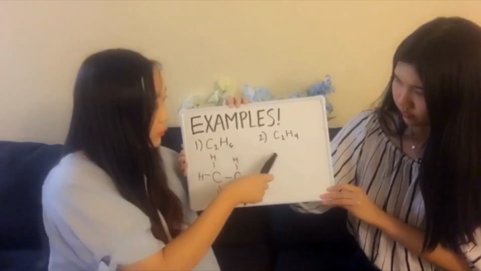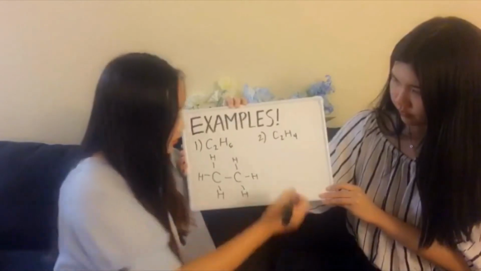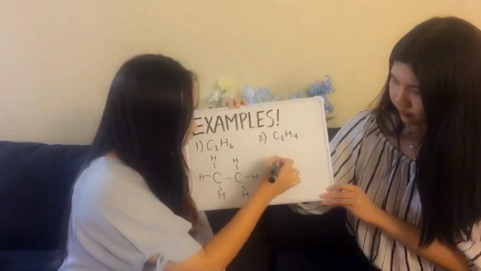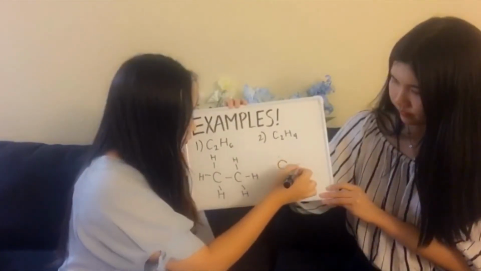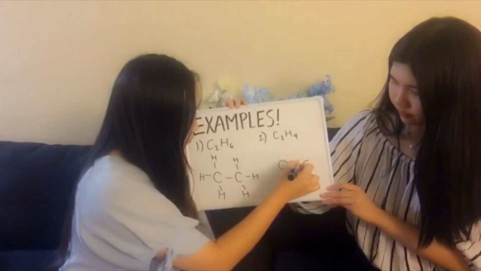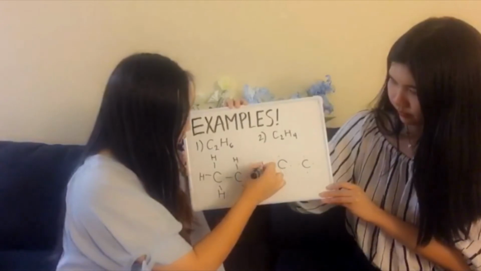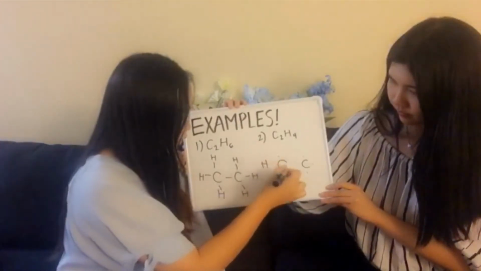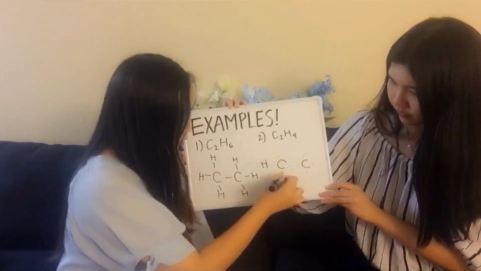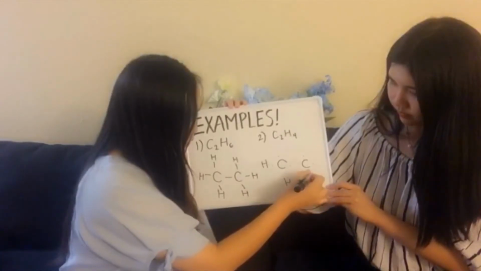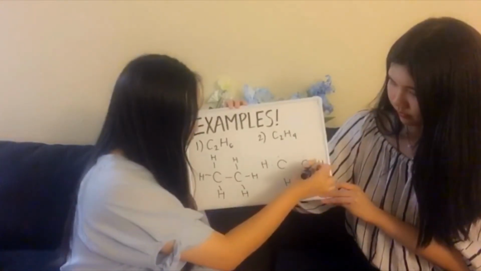Number 2, we have C2H4. So draw the individual carbons with 4 valence electrons each, with 4 hydrogens here.